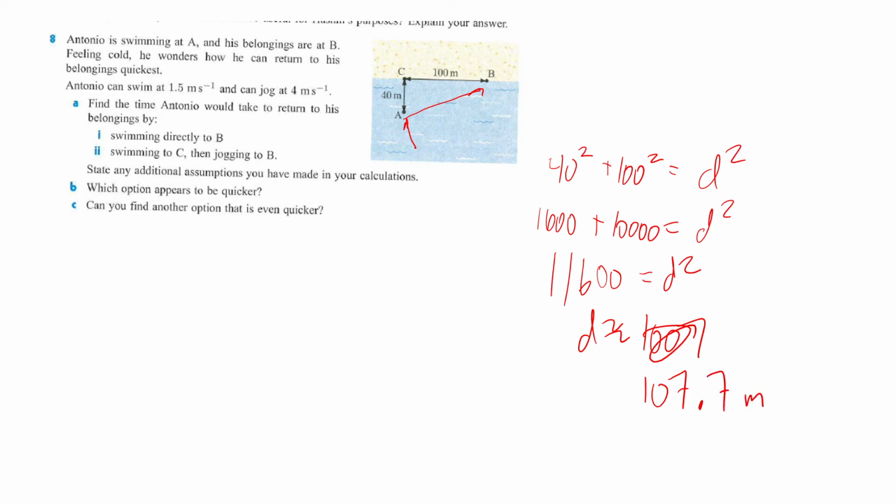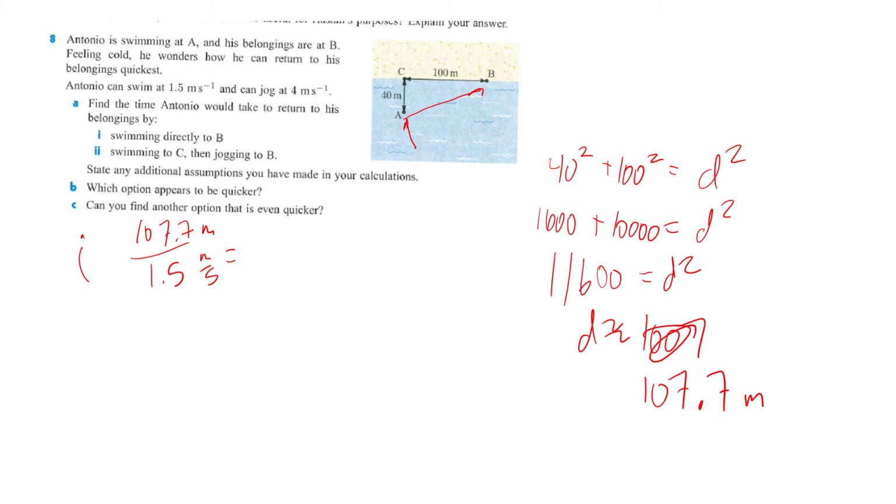If he can swim 1.5 meters per second, we want to know how many seconds it is. We need to know how many times 1.5 goes into that. So for part I, we would say 107.7 divided by 1.5 meters per second.